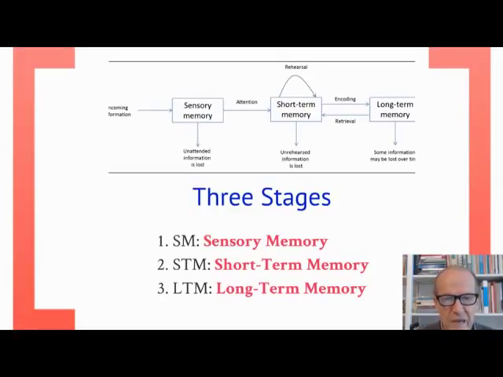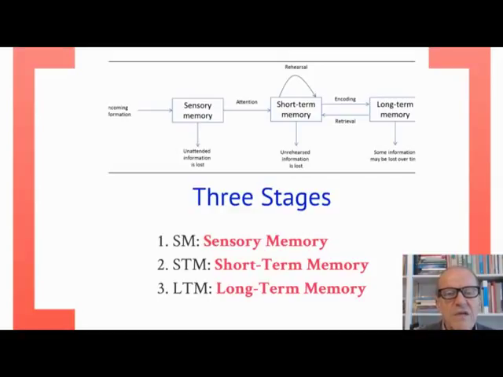unless you pay attention to the information, and through the process of attention, you bring the information from the sensory memory to the short-term memory. And the short-term memory is the second stage or store or platform, or however you want to call it. This short-term memory is basically the place where the work is being done, where information is being used and reused and integrated with existing information.